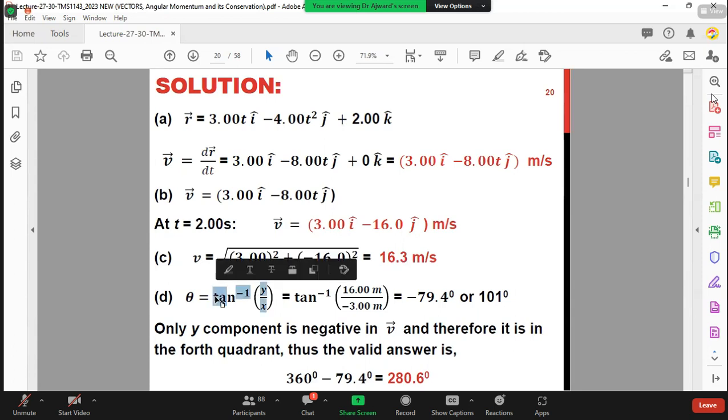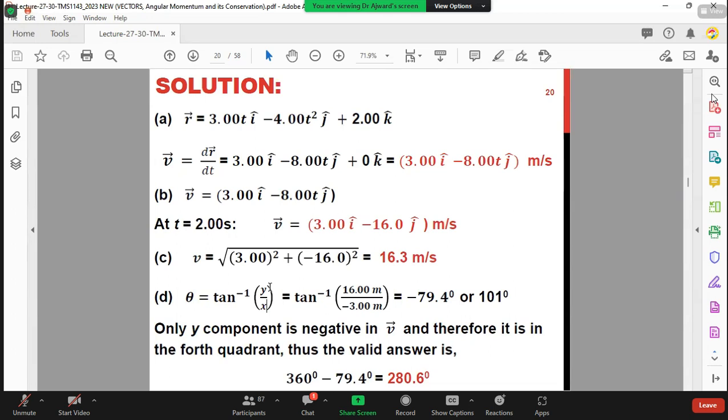And here, the angle. One student previously asked, what about negative, right? Now let's see, there's an example here. To find the theta angle, the particle moves with that angle because the velocity is always tangent to the path.